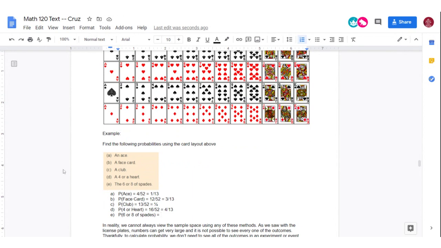Well, I'm going to count on it meaning both of them as spades because there's no comma after 6. If there was a comma after the 6, it would mean they were separating. But it's talking about 6 or 8, either one of those spades. So how many spades are there in 6 or 8?